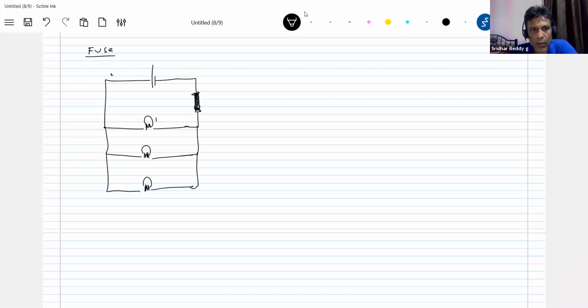The resistance of all bulbs is identical. Let the EMF be 8 volt. All bulbs are identical, and the resistance of each of them is 25 ohm.